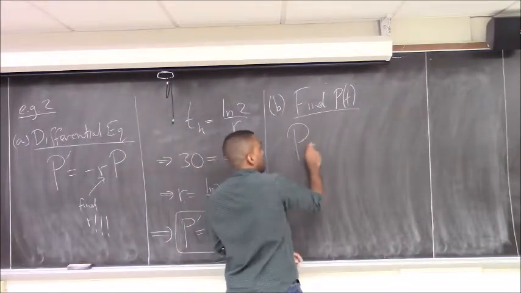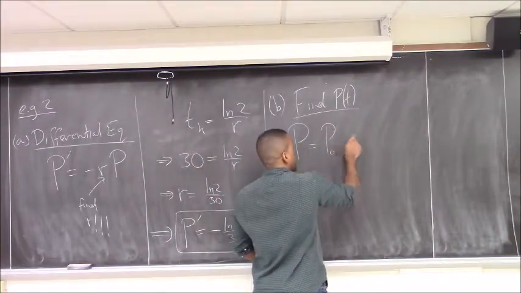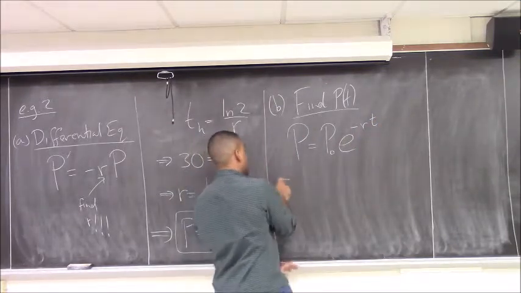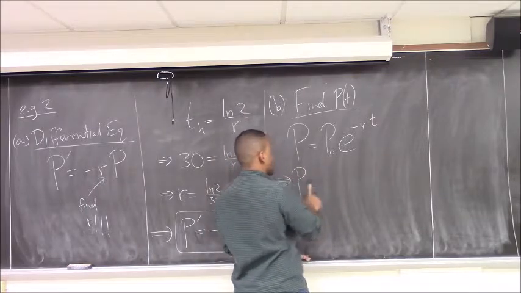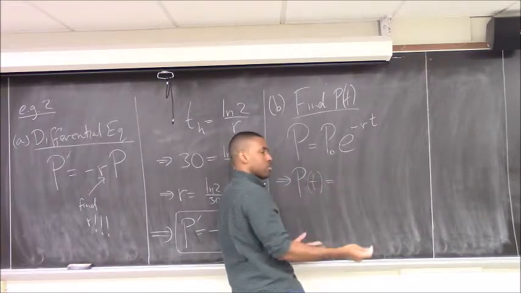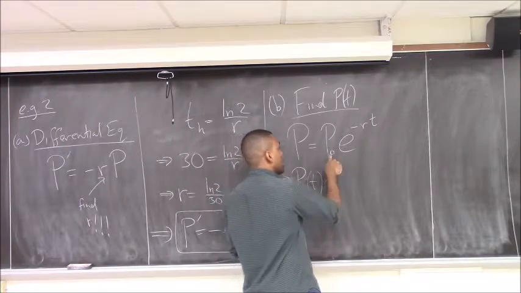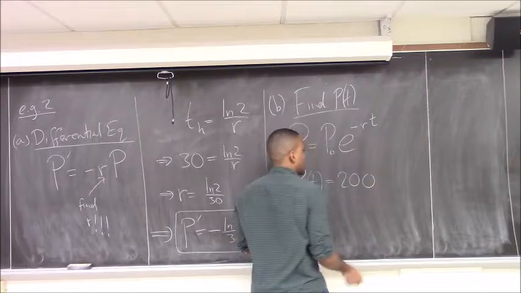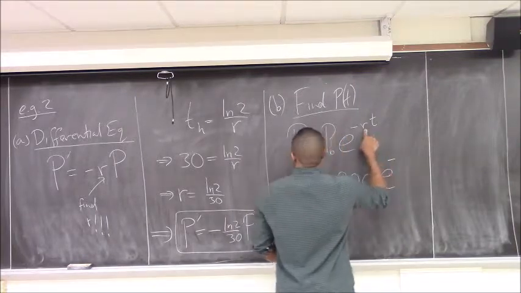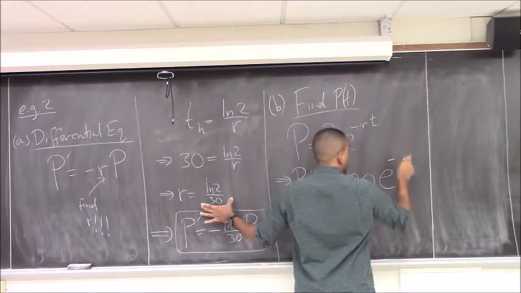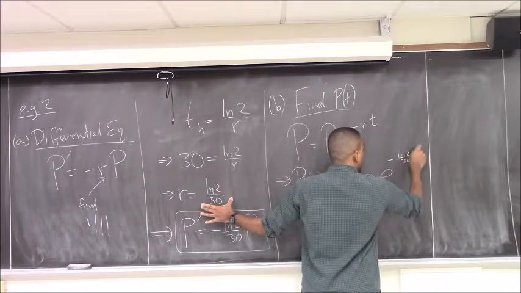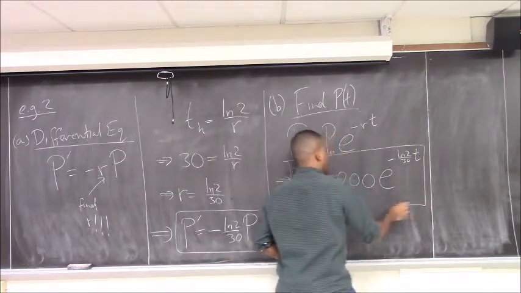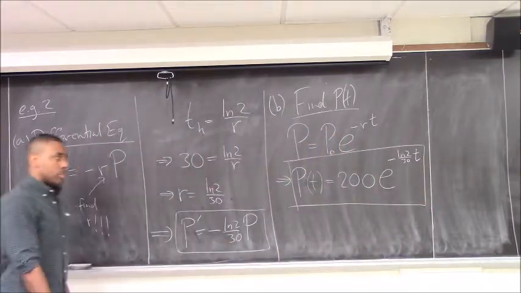Right? Of course, here because we're decaying, it's minus R. So I'm going to just plug those in. P is equal to, P is short for P of t. I don't always write it, but when I write P, I mean P of t. P naught is a constant. That is the initial amount, which here was 200 milligrams. e to the minus R. My R we found was ln2 over 30. Times t. So that's P of t.